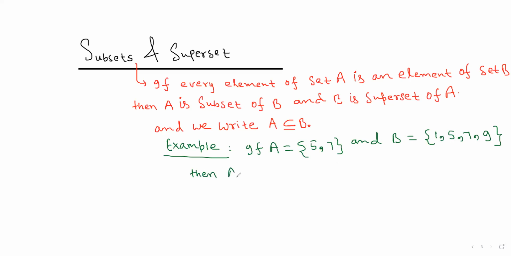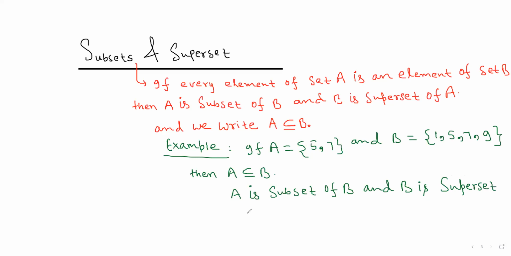Then A is the subset of B, and B is the superset of A. So A is subset of B and B is superset of A. I think this is clear to all.